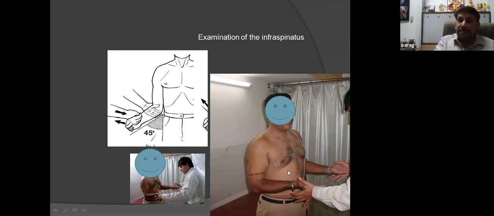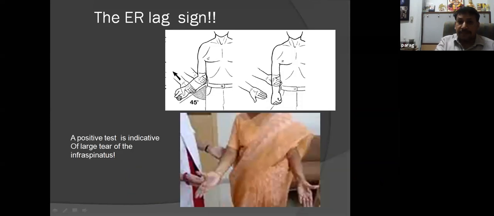So this is the same patient as I showed you in my inspection with infraspinatus wasting, and he had a significant weakness of the infraspinatus. So this was not a cuff tear, but a neurological involvement leading to significantly weak external rotation. He's not able to push my hand out against resistance.